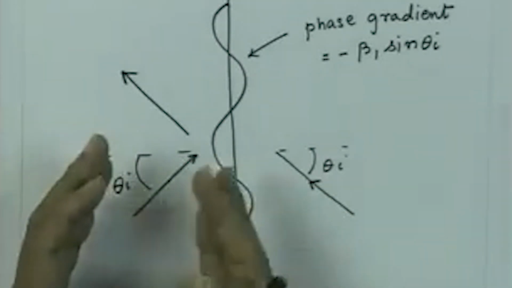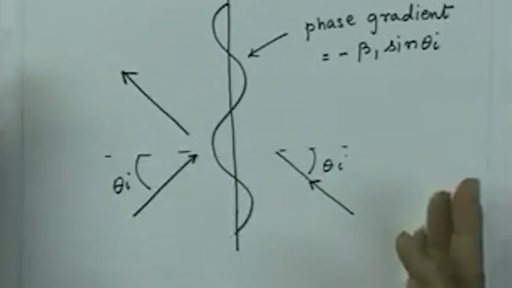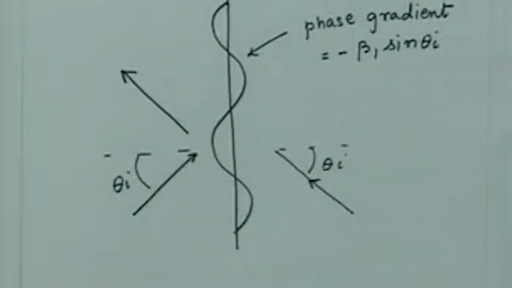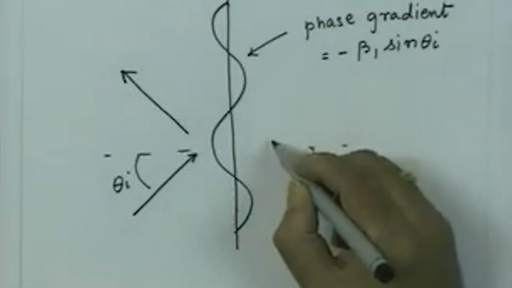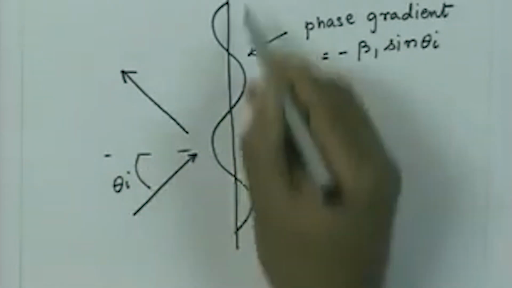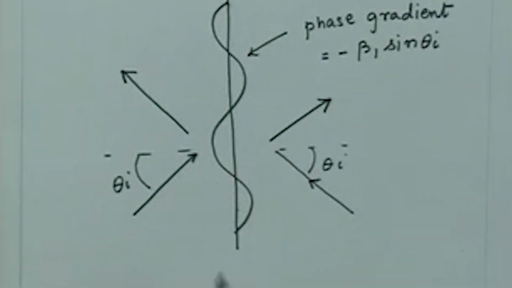So we will have two types of waves which will be going away from the interface, one in this direction, and one will be the incident field here. So what we see, we have something which is going like that, there is another wave which goes like that in this, and all these three waves have the same phase variation. This is what is important thing to note.